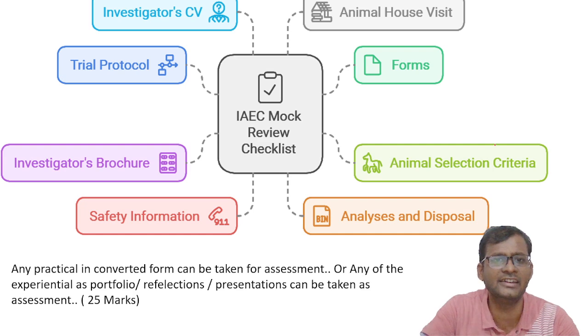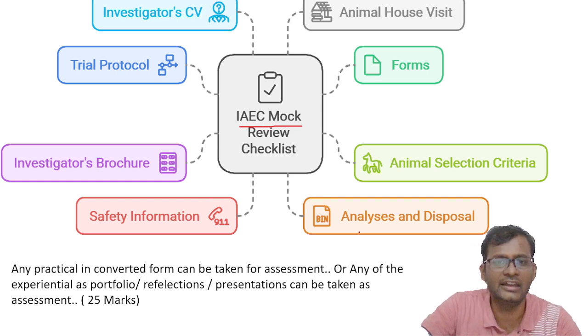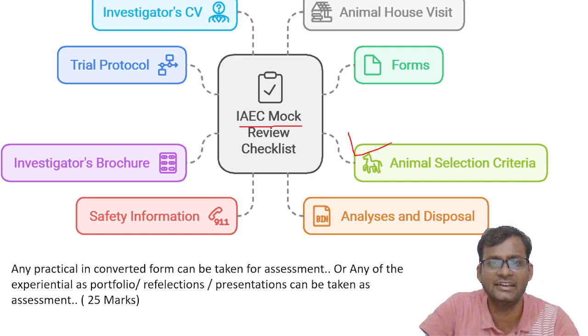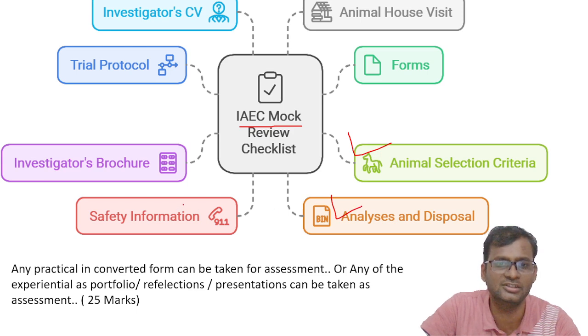The other one is the institutional animal ethics committee mock review. Here also the criteria are given for the evaluation. For example, how the animal selection criteria should be done, then the analysis and disposal, safety information, trial protocol. Everything should be present in this mock review.